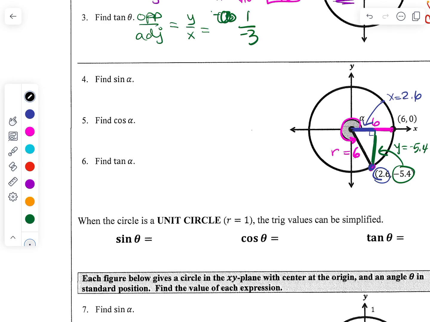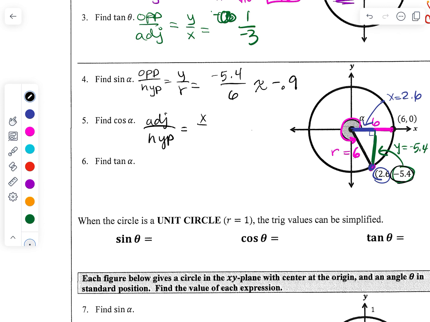So we know sine is opposite over hypotenuse, or y over r. In that case, it's -5.4 over 6. If I put that in my calc, I get approximately -0.9. For cosine, I know that's adjacent over hypotenuse, which is x over r. So the values are x, which is 2.6, over the radius, 6.